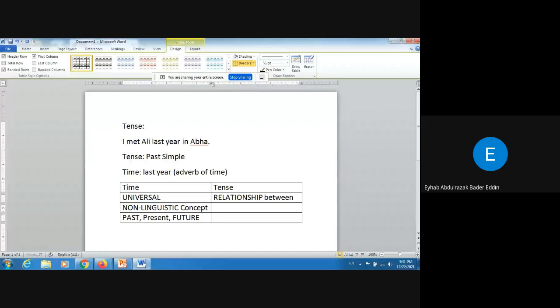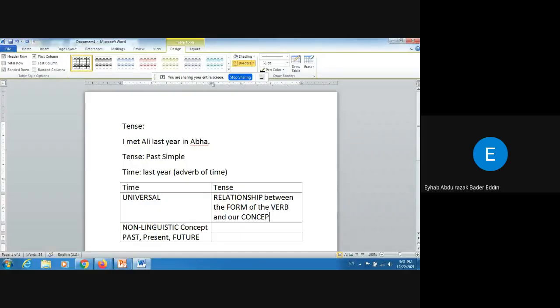Now, what is tense then? Tense is the relationship which holds between the form of the verb and the form of time. So it is the relationship between the form of the verb, which is here, for example, met, and last year.